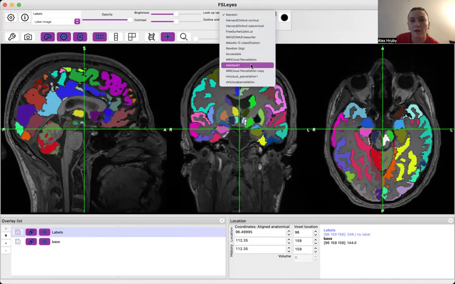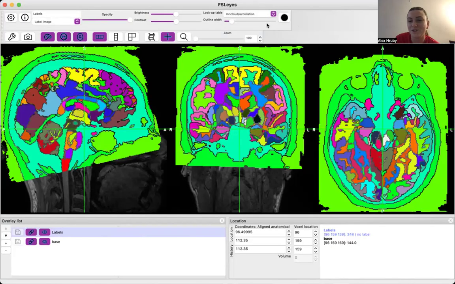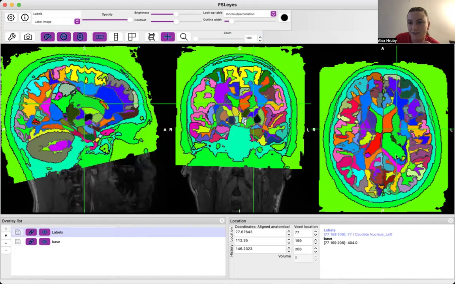And so I luckily have a lookup table that shows me each of the, you can see down in the corner, sorry, down here, that shows each label value. And then I went in and typed in every single name of the structure as well.